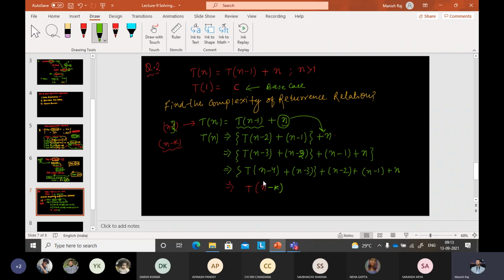Is it okay? n-k will be there because when I am putting Tn-2, is it okay or wrong? It is right, I think. Till now it is right.